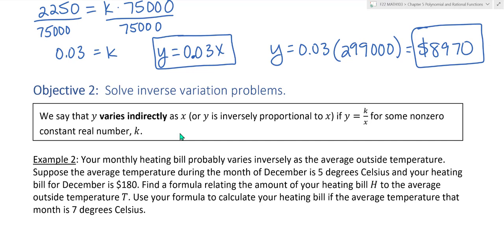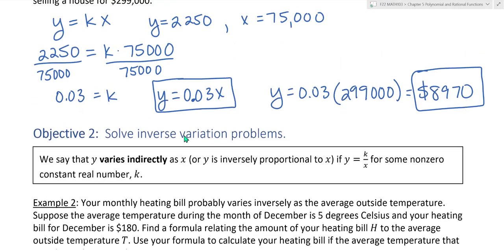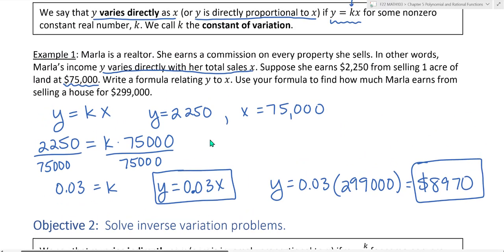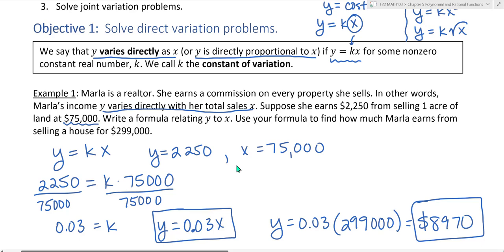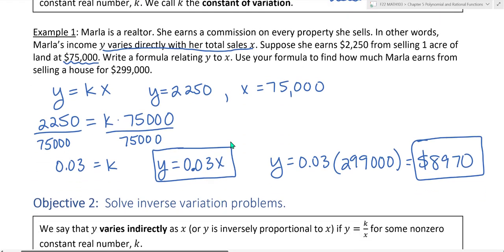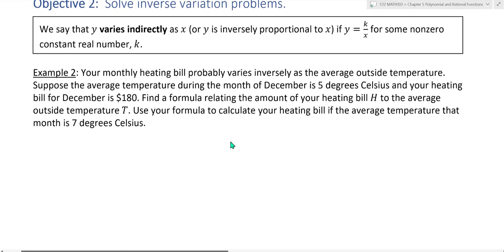With a direct variation relationship, both quantities move in the same direction. So Marla, the more she sells, the more income she gets. As one quantity increases, the other increases, and vice versa. With inverse variation, it's the opposite.